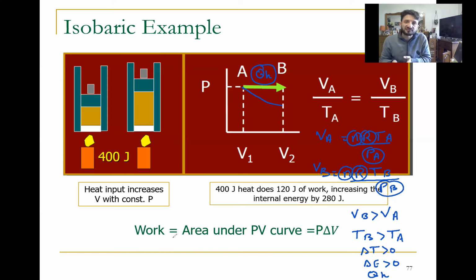Delta U is positive, so Q must be positive. Like this, you prove Q is hot. I can ask you, tell me how Q can be positive or negative. You have to write the calculation. But if I speak, I don't need the calculation, and I want to understand quickly, you can say A to B, I increase the volume, P decreases. To keep its value constant, I give Q hot.